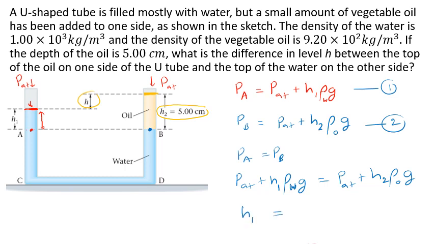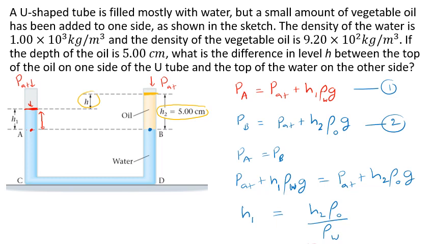H1 equals H2 rho oil G divided by rho water G. The G cancels out, and also the atmospheric pressure, since we have the same number on each side of the equation.